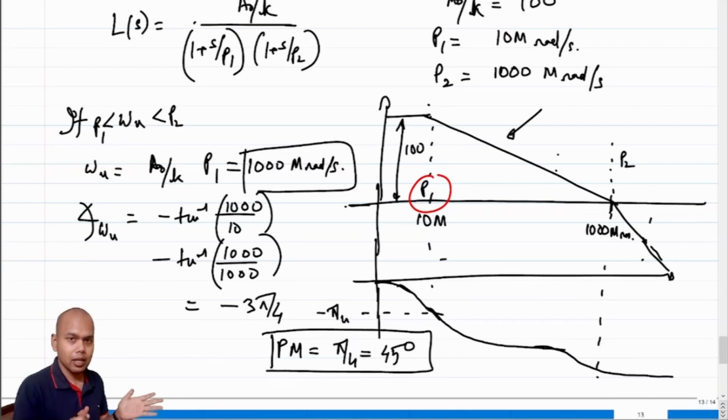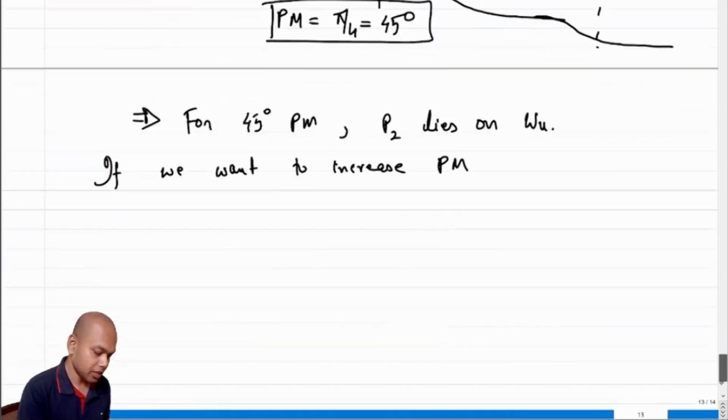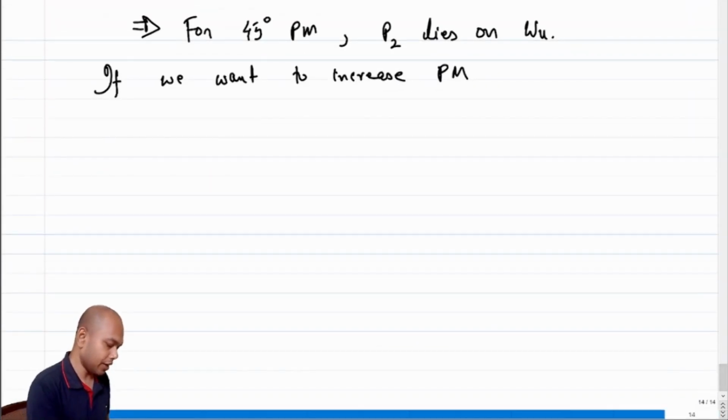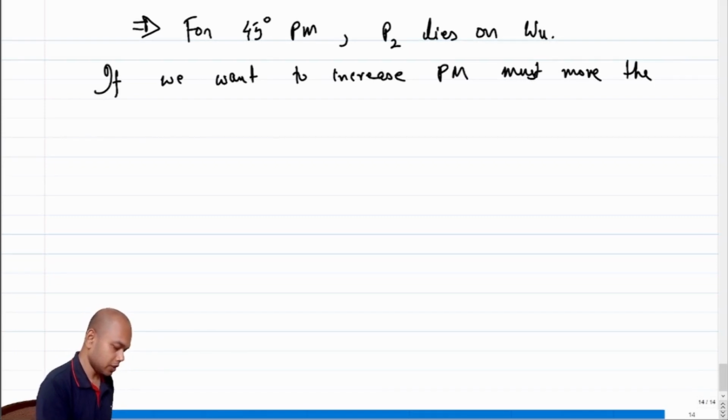P2 is giving me 45 degree, and that's why I have a 45 degree phase margin. If P2 gives me less than 45 degree phase lag, then I will have higher phase margin, correct? So to increase phase margin, we must move P2 beyond omega u.